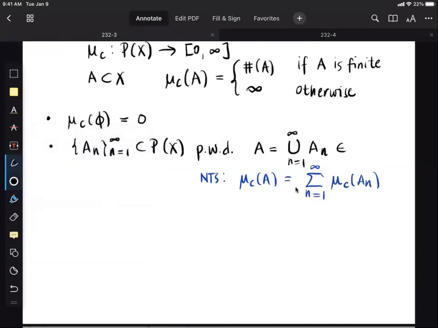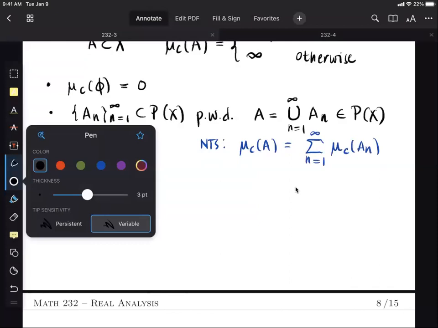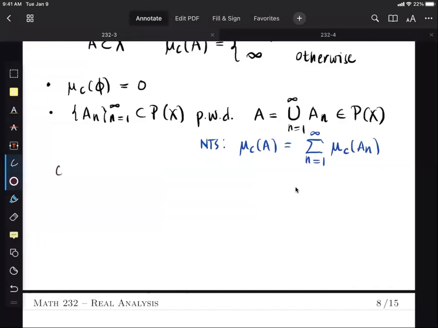Since we have a sigma algebra, this is also a subset of X. In other words, it's an element of the power set of X.